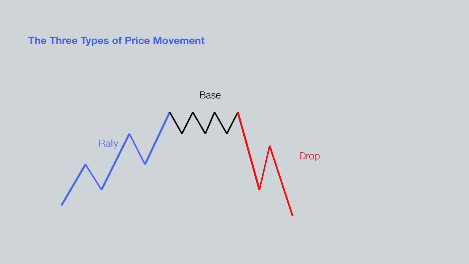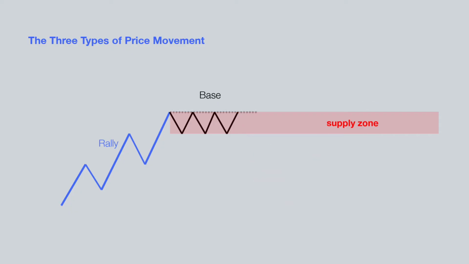In this case, the consolidation area during the base becomes the supply zone, because this is where sellers dominated and caused the price to drop. However, price doesn't always move perfectly. Sometimes it breaks out of the horizontal box, the base, in what we call manipulation, where liquidity is gathered and stop hunting occurs.